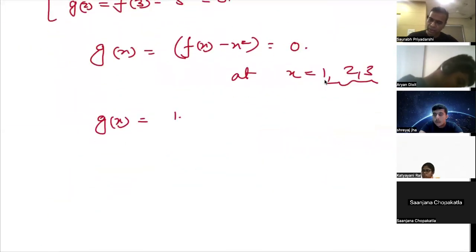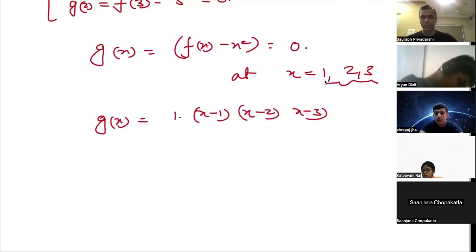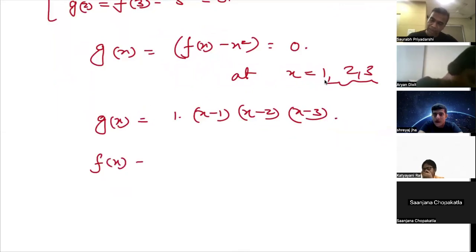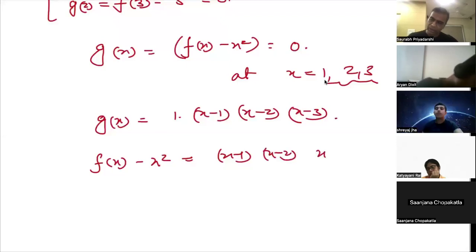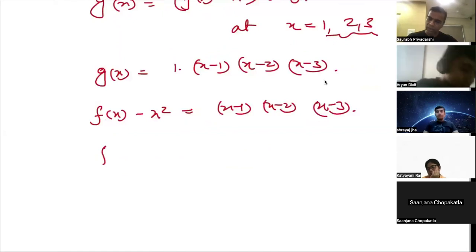So this will be 1 into (x minus 1)(x minus 2)(x minus 3), since this is a polynomial. So g(x) I can write as f(x) minus x square is (x minus 1)(x minus 2)(x minus 3). So f(x) is nothing but (x minus 1)(x minus 2)(x minus 3) plus x square.